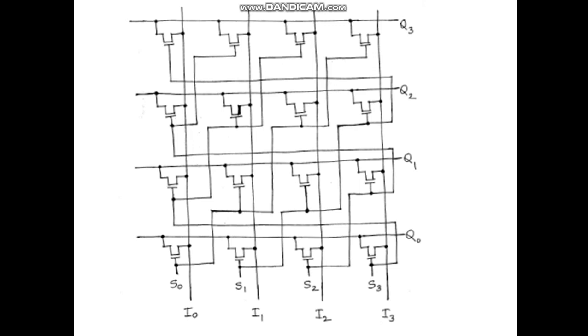Similarly, if you want the bits to be shifted by 3-bit positions to the left, then S3 should be turned on. So Q0, Q1, Q2, Q3 will be equal to I3, I0, I1, I2. This is how the shift operation is controlled.